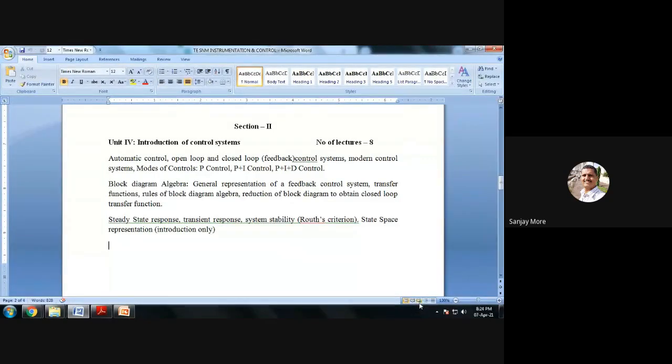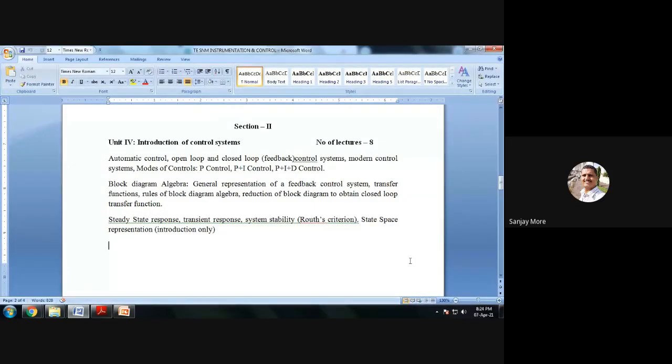introduction of control system. In that, automatic control, open loop and closed loop, feedback control system, modern control system, modes of control, in that P control, PI control and PID control. Then the second point is block diagram algebra.